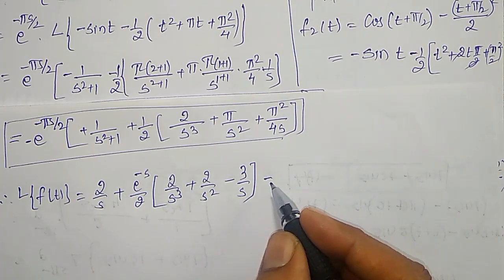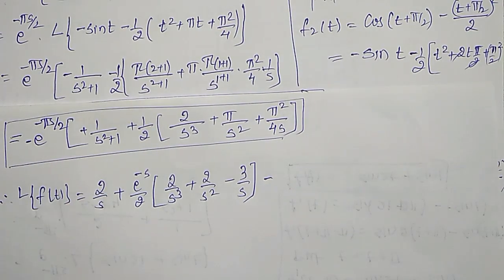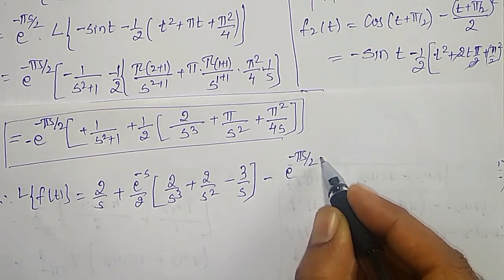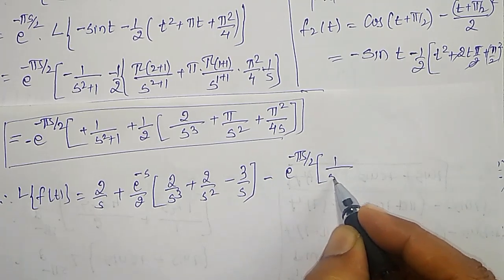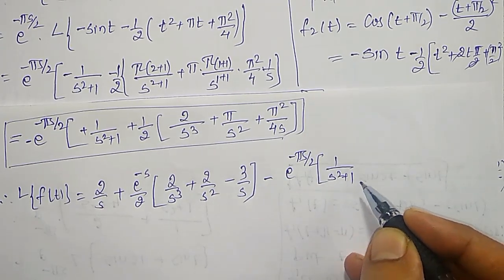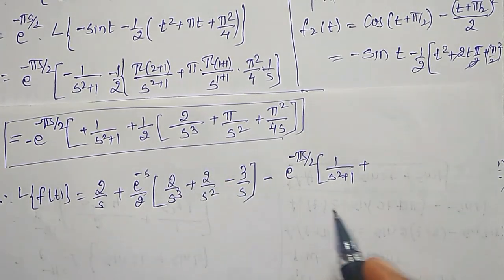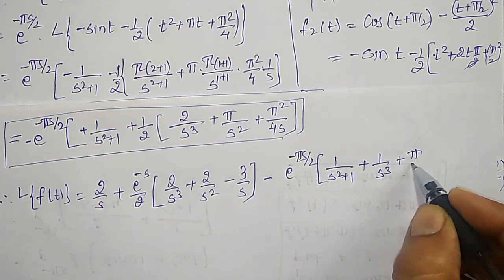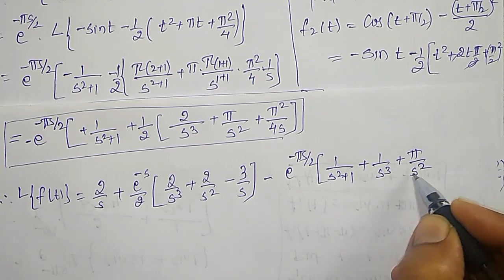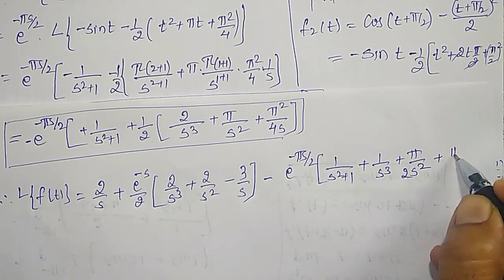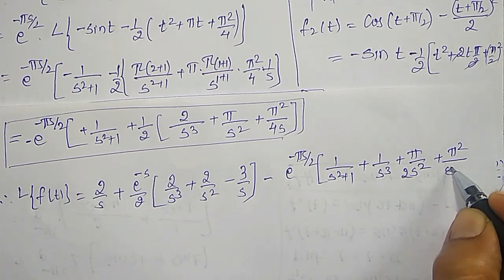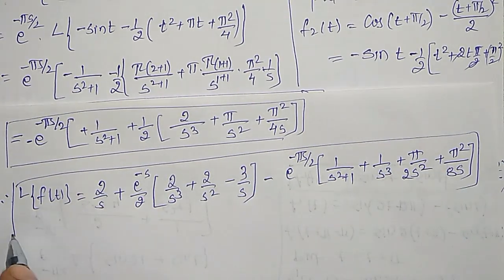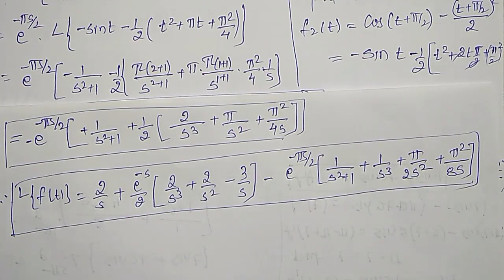Minus plus, actually, due to this minus I am writing this minus e to the power minus pi s divided by 2 into bracket 1 divided by s square plus 1 plus, let me multiply this 1 by 2 inside, that will become 1 by s cube plus pi divided by s square plus pi square divided by 8s. This is my required final answer of a unit step function.